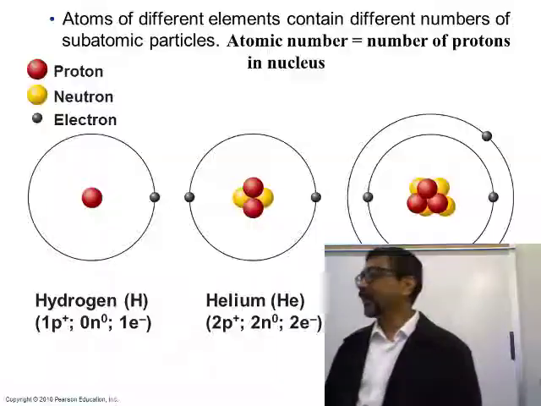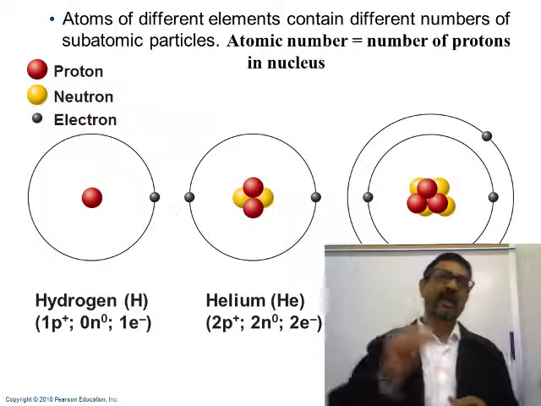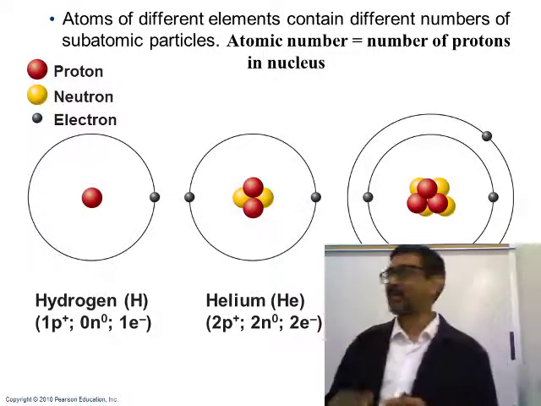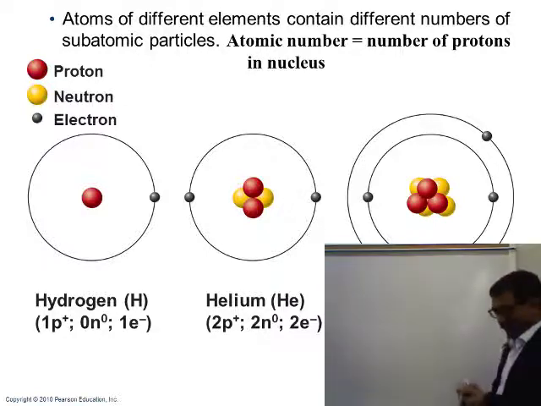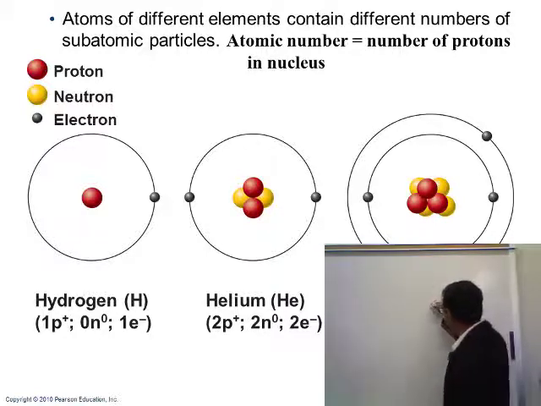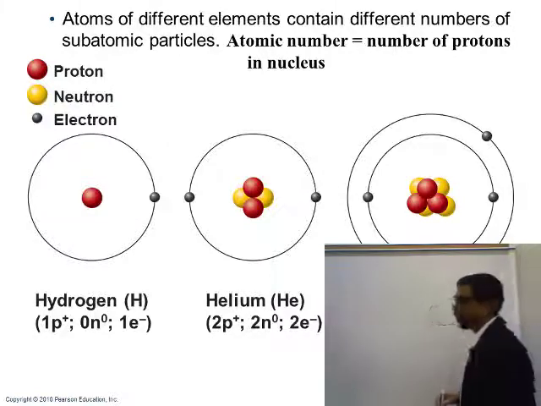All atoms have protons and neutrons in the nucleus except the hydrogen. Hydrogen is an exception. Only in hydrogen you don't have any neutron in the nucleus.